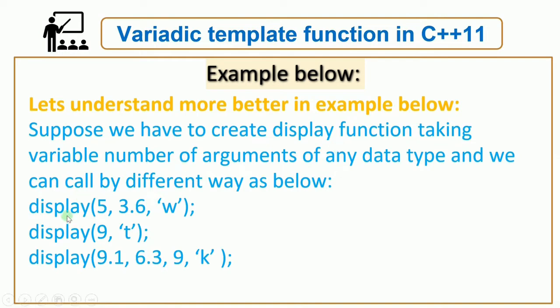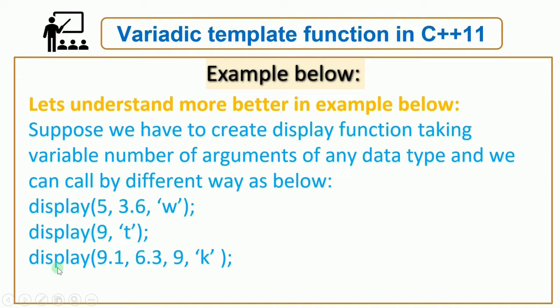But just at the calling time, consider we have already defined the Variadic template function with the name display. Now you can call it in different ways actually. You can see in the first line we are passing three arguments: one is an integer, then a double, and then a character. Or you can also call the display function and pass two arguments, that is 9, and then the second one is a character.